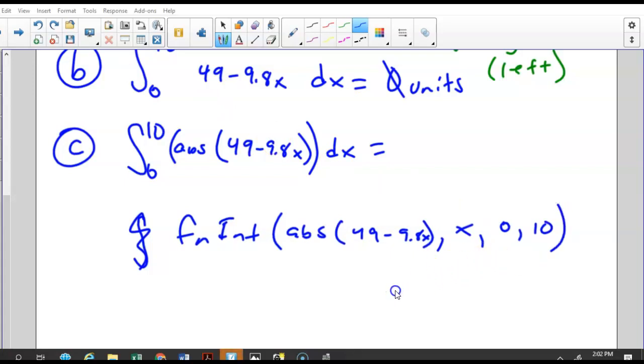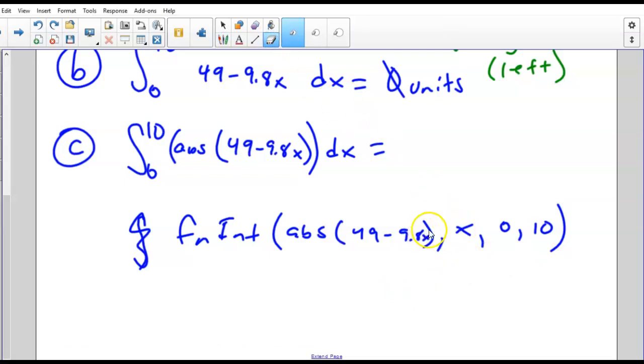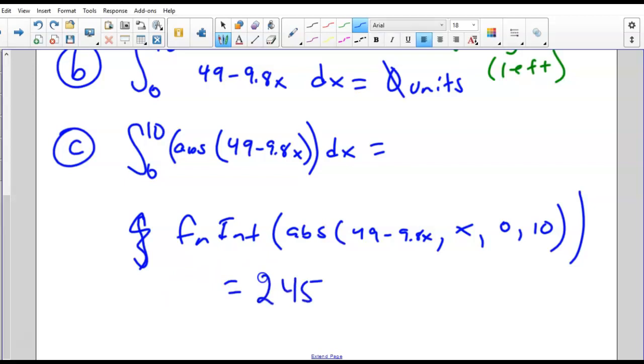Actually, I don't even think you need this parenthesis right here. I think it's that. Try that and let me know. What'd you get now? That's what I got: 245 units.